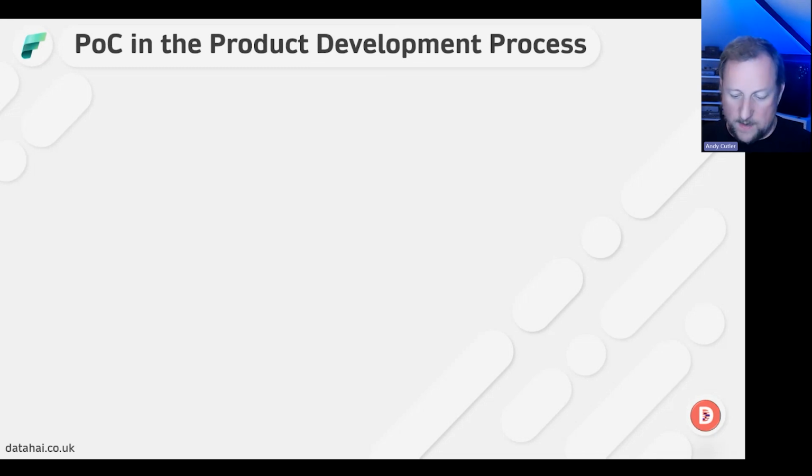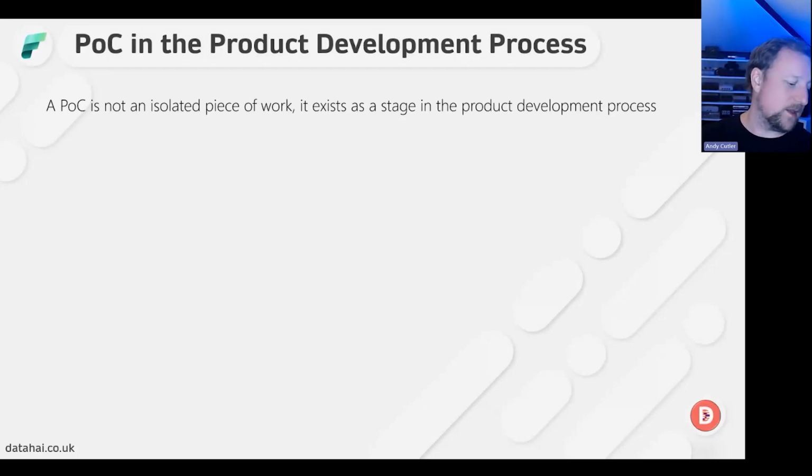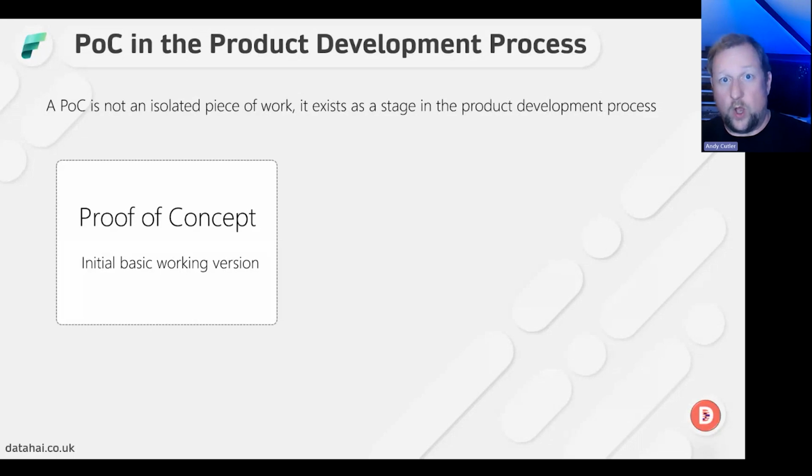So some people might be a little bit worried about doing a proof of concept in that, well, how much time do we need to take doing this proof of concept? What happens to this proof of concept after it's finished? Is it time well spent? Well, what we can do is we can actually integrate the proof of concept into the product lifecycle. So, for example, our proof of concept is a working version. It could be an extremely basic working version, but it's a working version.